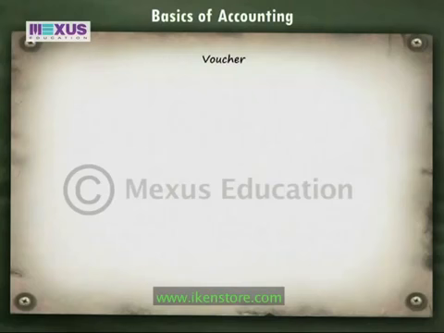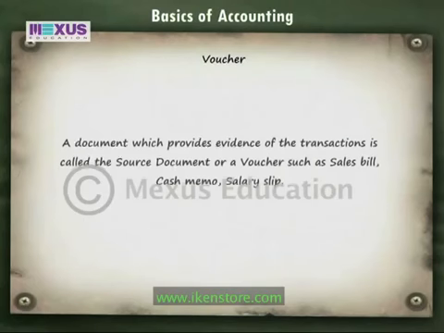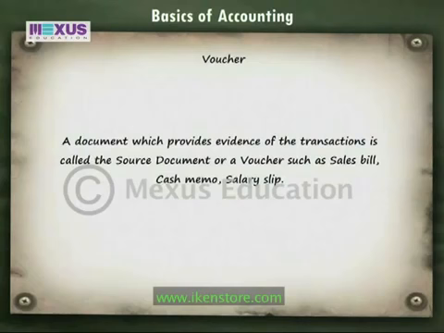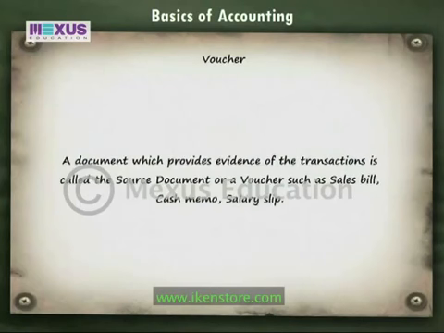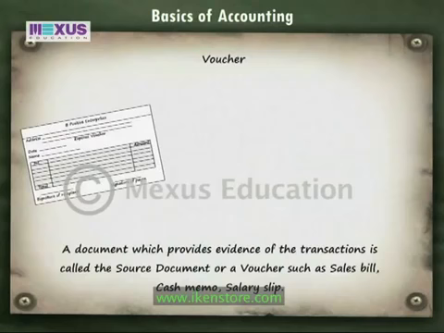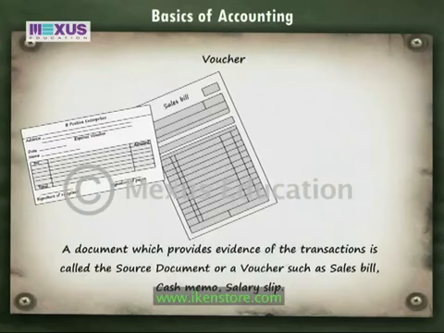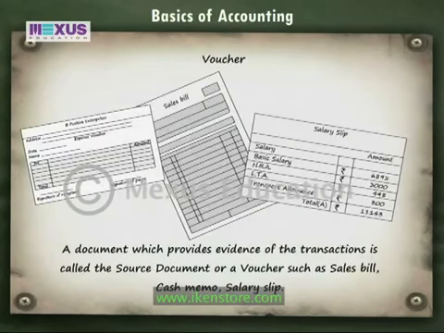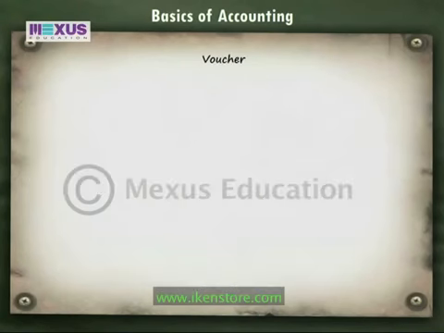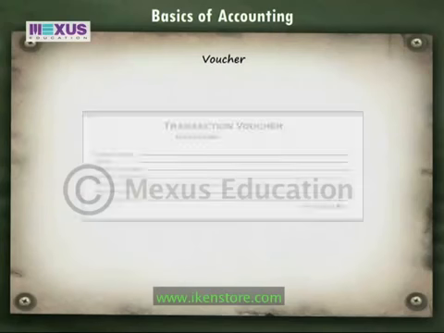Voucher. A document which provides evidence of the transactions is called the source document or a voucher, such as sales bill, cash memo, or salary slip. Here is a sample of a transaction voucher.